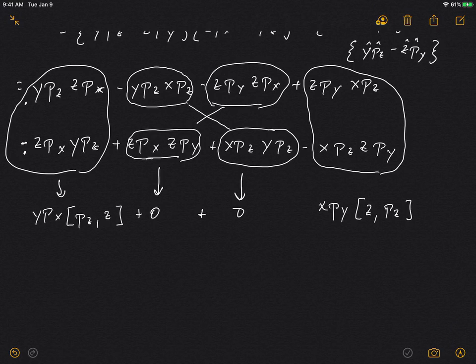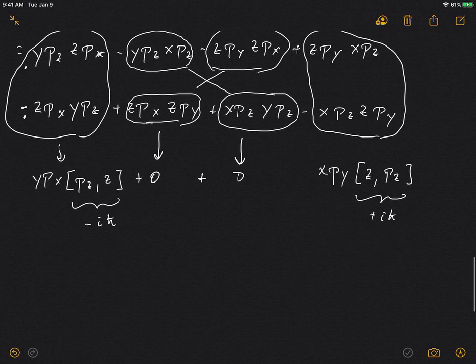Okay. And what else do we know? We know that the commutator of pz and z is minus I h bar, and this would be plus I h bar, and so we get I h bar times x py minus y px.